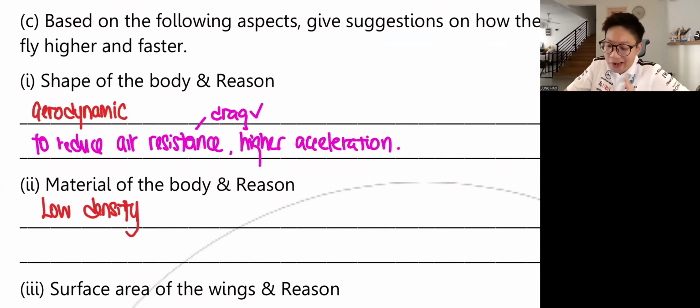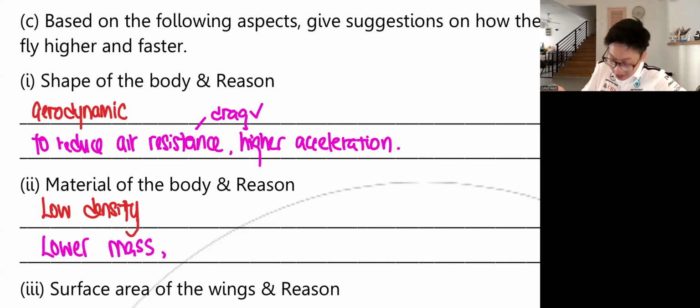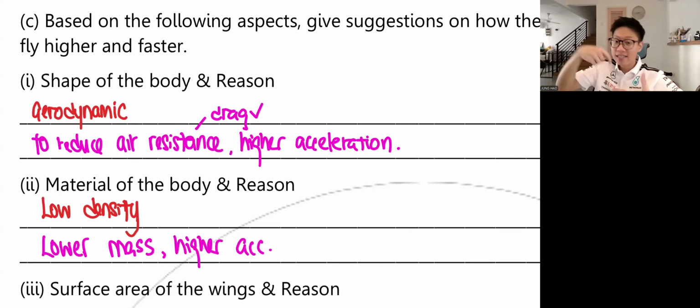Don't write light density, write low density. Then your explanation will be so that you will have a lower mass. So if it's lower mass, then what happens? You can also say higher acceleration, or you can even say, for example, it will be strong.